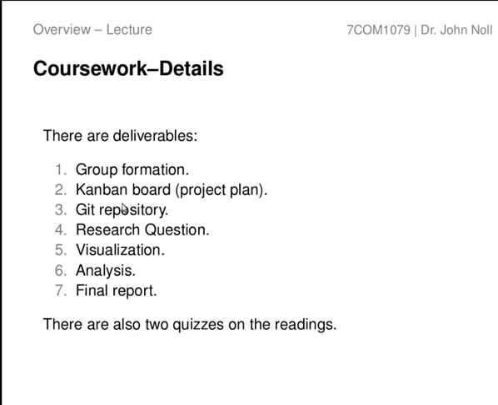Once you've done all that, the infrastructure for your project has been created and you're ready to really start working. The fourth deliverable then is the first actual project outcome, which is your research question. So this term, your task is to pose and answer a research question. We'll go over that in some detail starting next week. So don't worry if you're not really clear on what that involves.